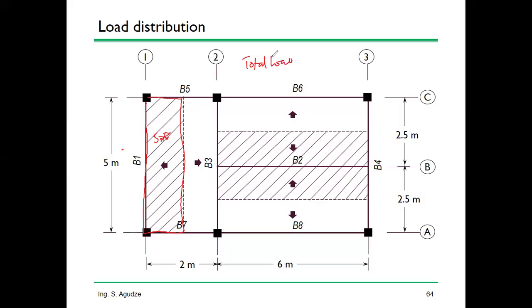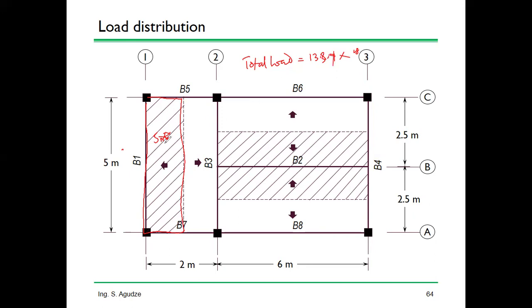Total load is equal to what? The design load times what? Area supported. The design load times the area supported. And the design load is what? 13.34.